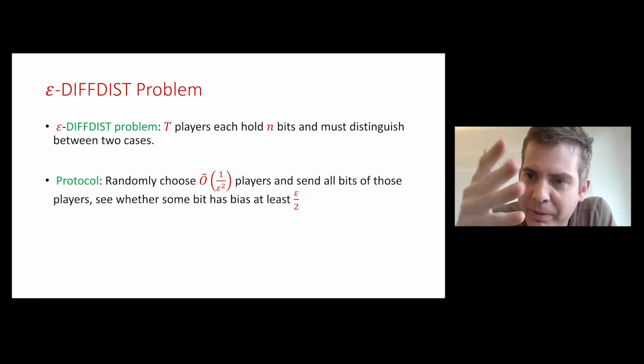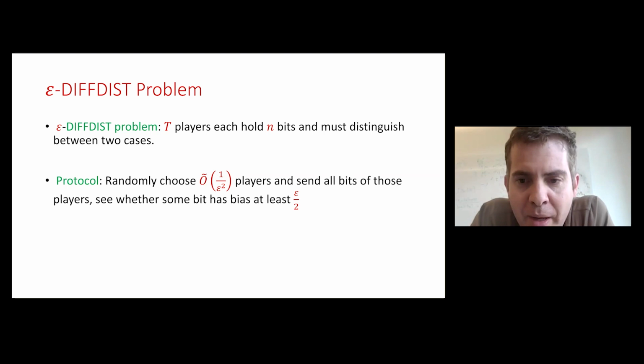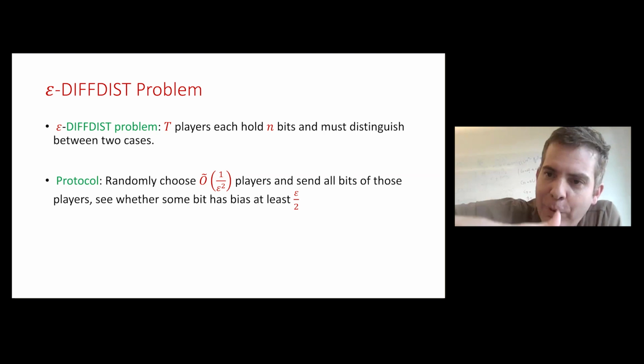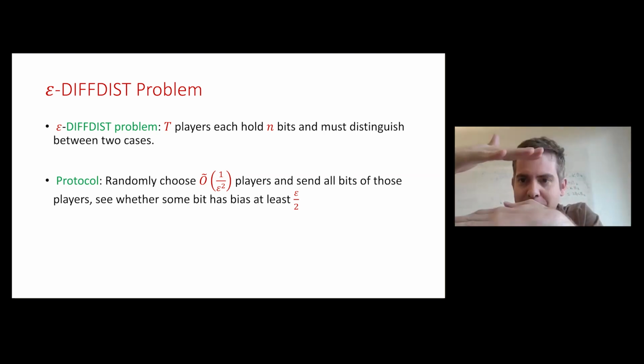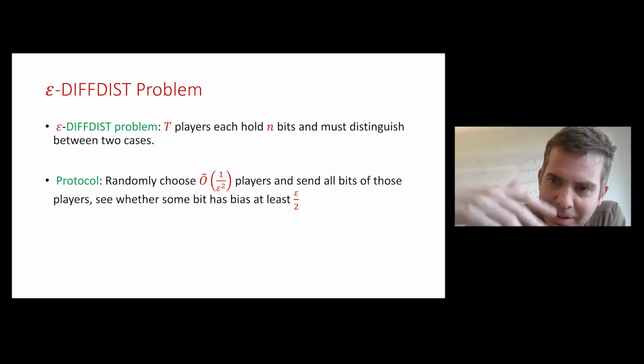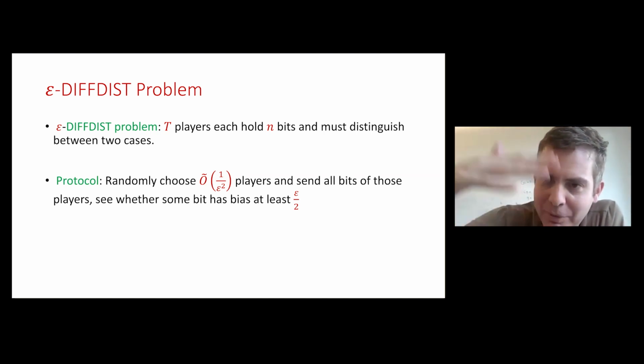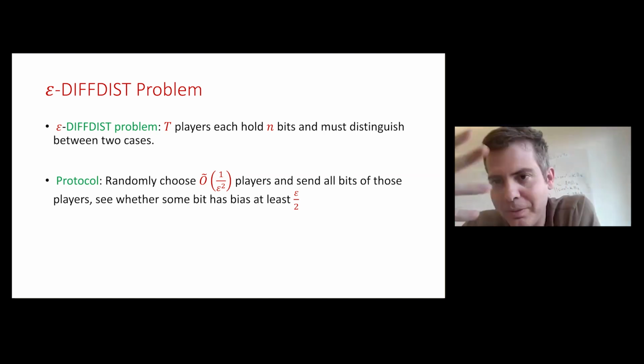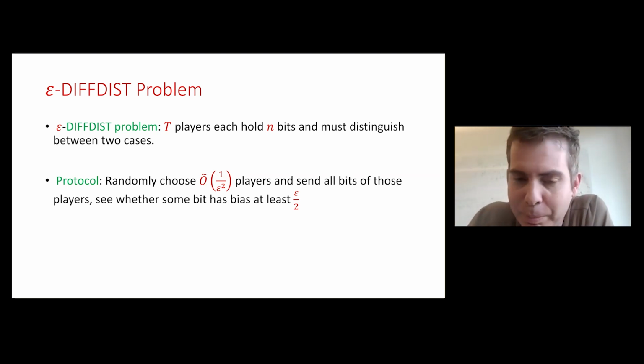Put a log n there to union bound over the n coins. You can do that, but it's not great. That's n/epsilon squared total communication: you have 1/epsilon squared days, and n bits are being transmitted from each of those players.